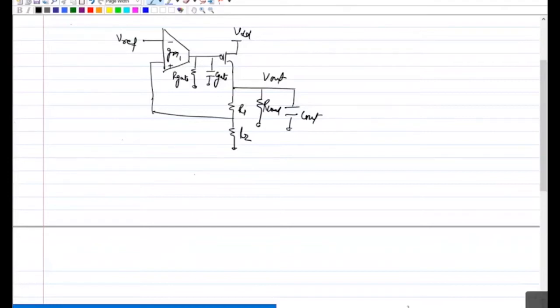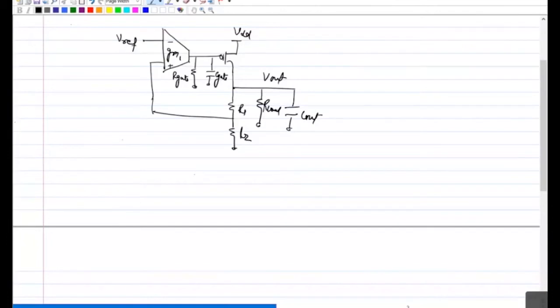And as you move to a higher frequency, since you have a pole at the output in the first order, your output impedance will further start dropping, because you have a capacitor at the output, and that capacitor will cause the output impedance to reduce further at higher frequency.